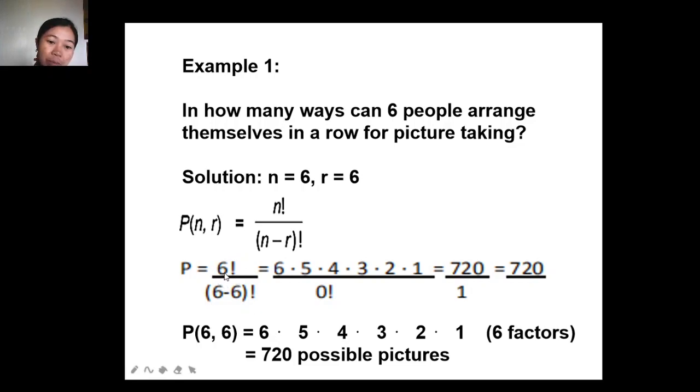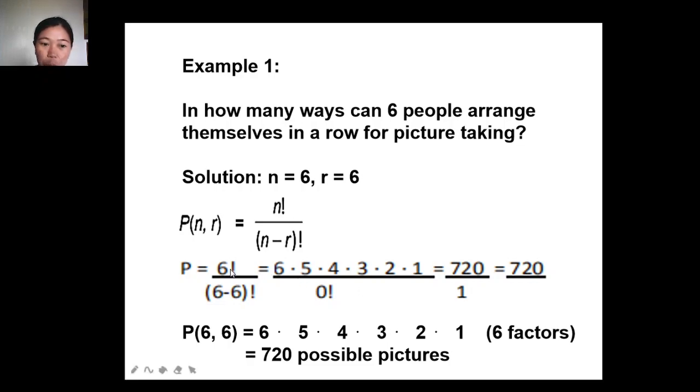So, paano mag-simplify ng factorial notation? Ang ibig sabihin ng 6 factorial, iti-take mo yung factors from 6 pababa. So, ibig sabihin, 6 times 5 times 4 times 3 times 2 times 1. So, we have 6 factors. So, ito ang ibig sabihin ng 6 factorial. Starting from 6 and then pababa na, i-multiply natin yung mga factors na yan.